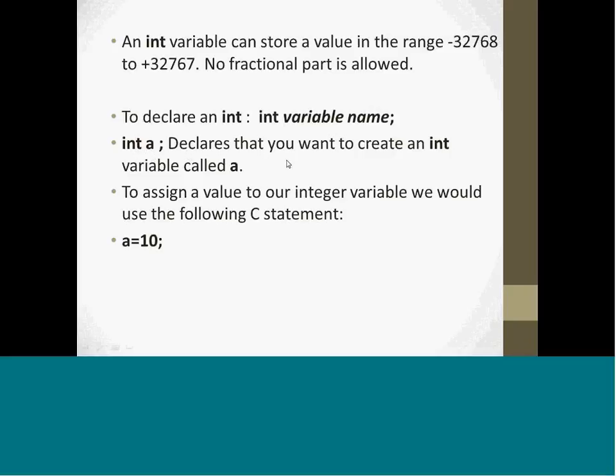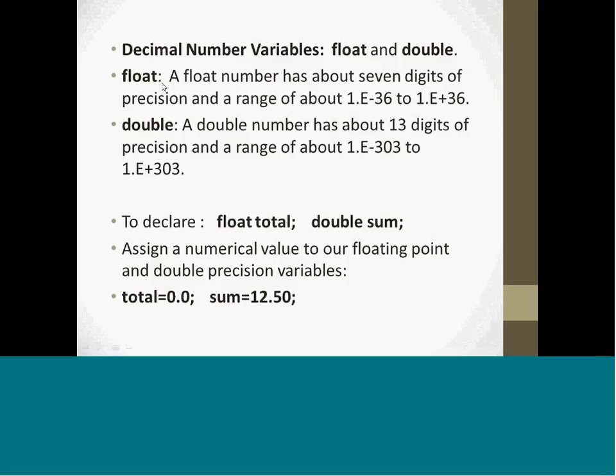You declare that you want to create an integer variable with the name a, and you assign a value with the statement a = 10. So you declare and assign a value for an integer variable.